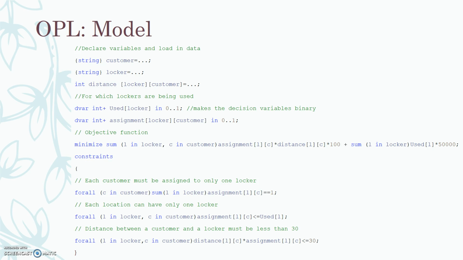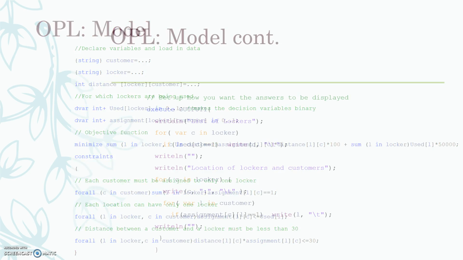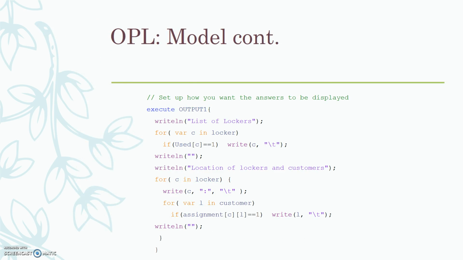The first one is each customer must be assigned to only one locker, the second is each location can have only one locker, and the third is the distance between a customer and a locker must be less than or equal to 30. And then this is based off of what Dr. Hom gave us for how we want the answers to be displayed.